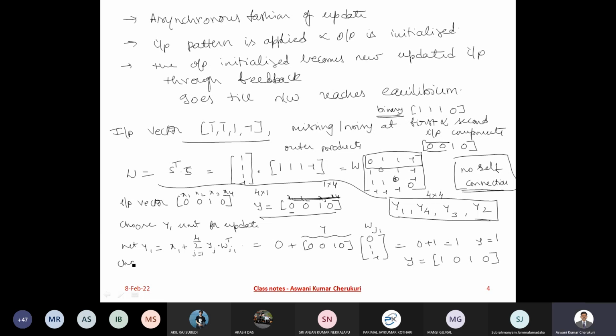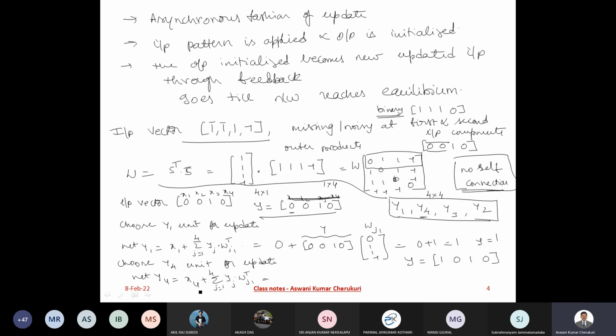Next, I am going to choose as per the order the 4th unit, y4 unit, for update. So what is net y4? x4 plus the summation over j equal to 1 to 4 of yj times wj1 transpose.